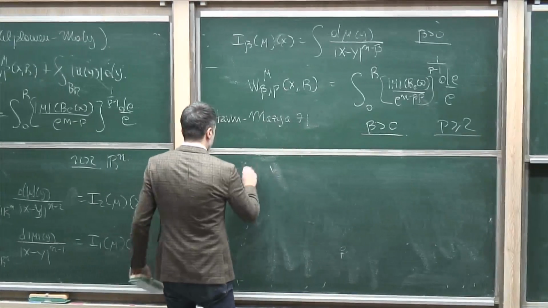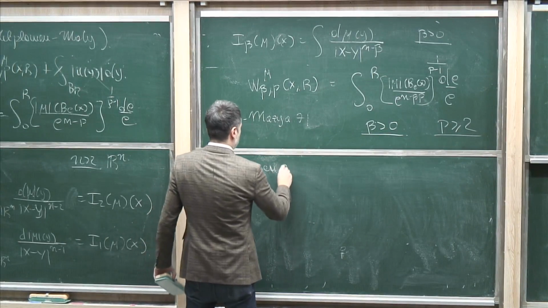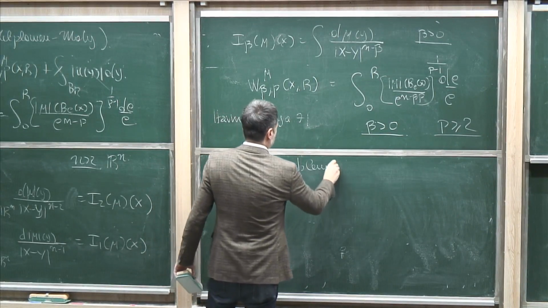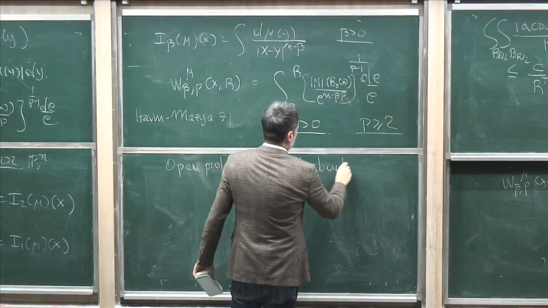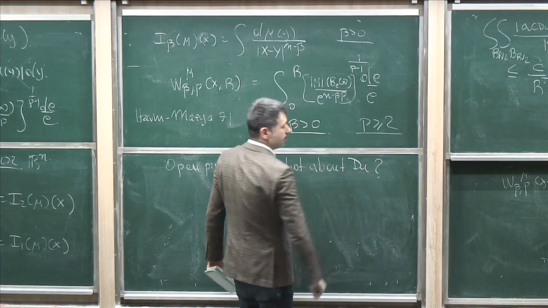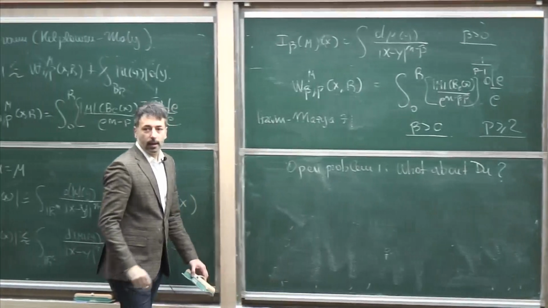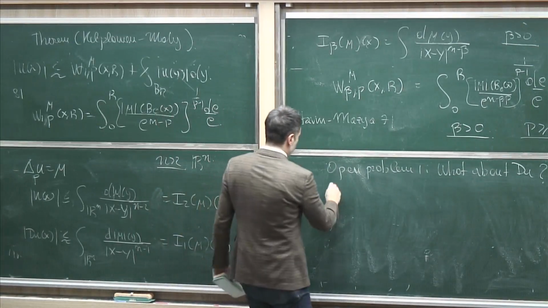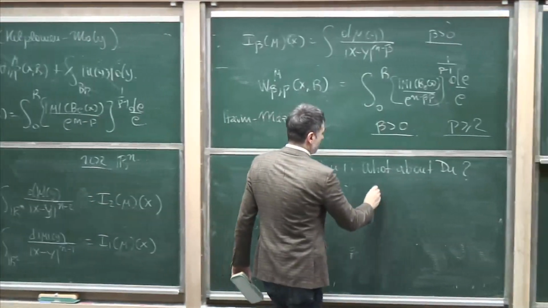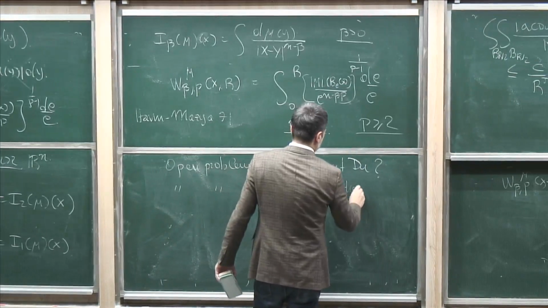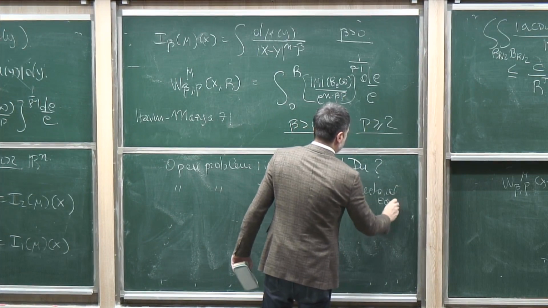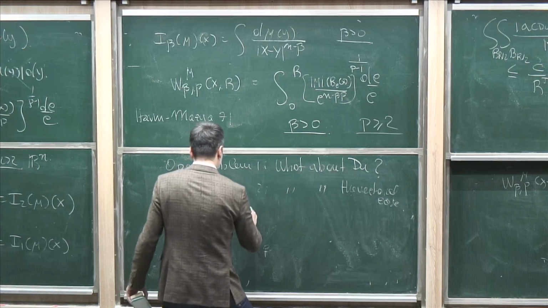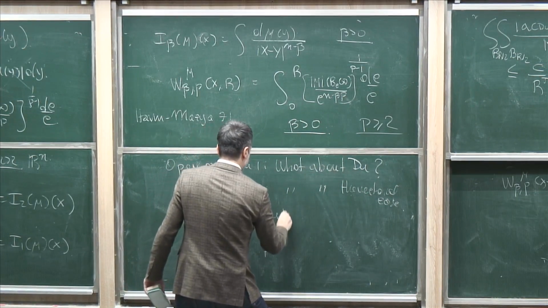Open problem 1: what about Du? And open problem 2: what about the vectorial case? Essentially, what about the p-Laplacian system?